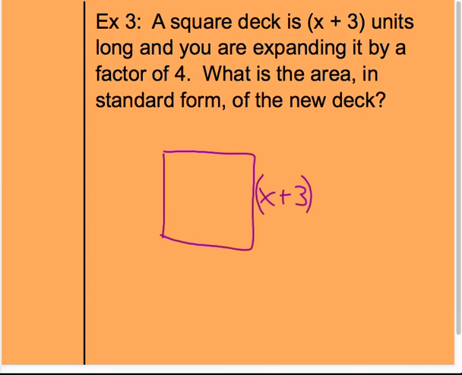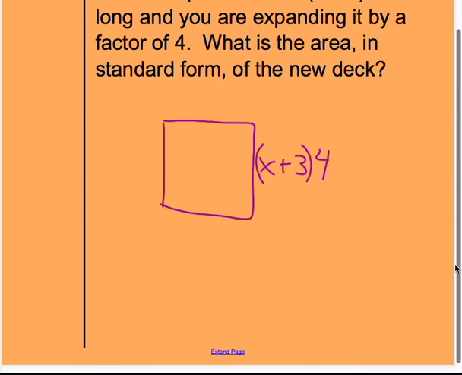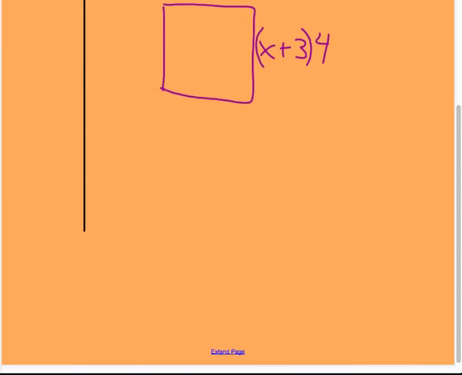So when we make our deck 4 times bigger, each side will be the quantity x plus 3 times 4. And we want the area of the new deck. Well, how do we find an area of a square? We take the side and square it. So the first thing I'm going to do is simplify the expression for the side by distributing, getting 4x plus 12. And then I need to square it or multiply it by itself.